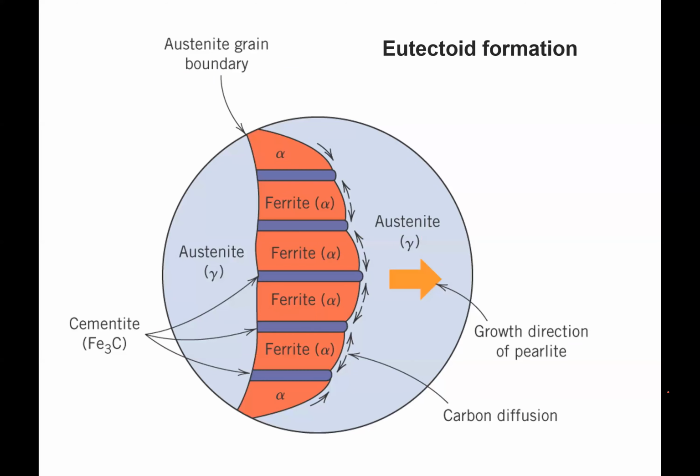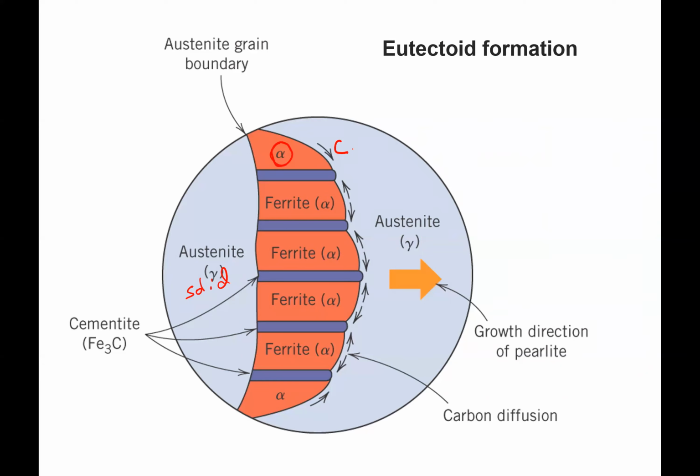And so just like in the other case, where we talked about why there were sheets, this also happens in the eutectoid case, forming pearlite, except the difference here is that since we're in a solid, diffusion is much, much slower. And so the layering in this structure is going to be on a much finer scale to reduce these diffusion paths. Now remember, the alpha has very little carbon in it.